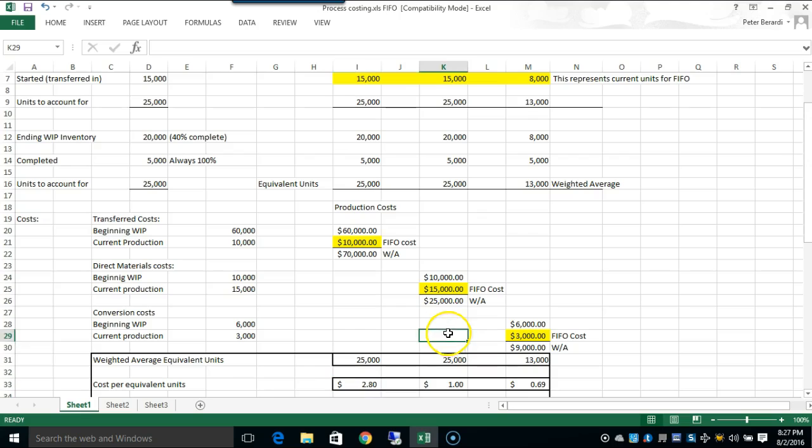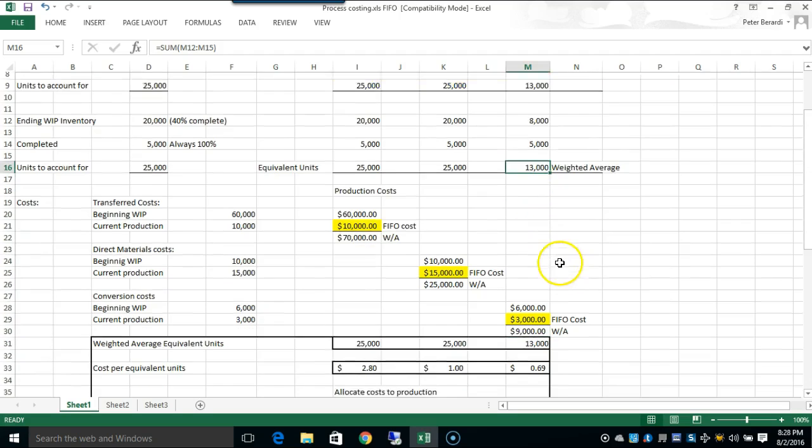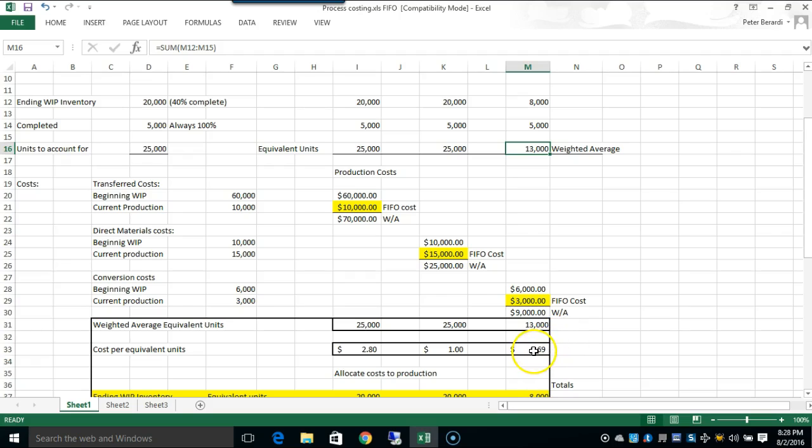Now under direct materials, my total cost of 25,000 divided by my weighted average equivalent units of 25,000 is $1. And on conversion costs, my total cost of 9,000 divided by 13,000 equivalent units gives a cost per equivalent unit for the weighted average method under conversion of 69 cents.